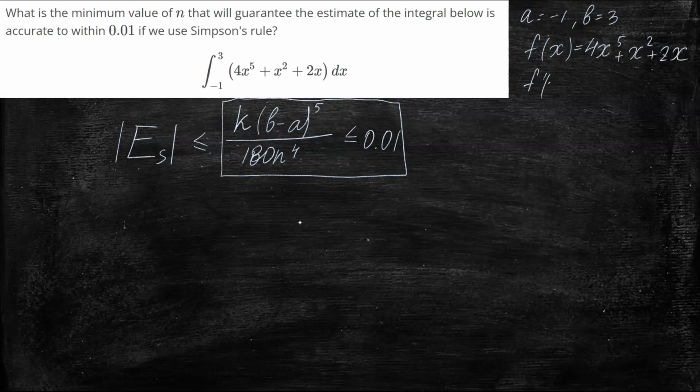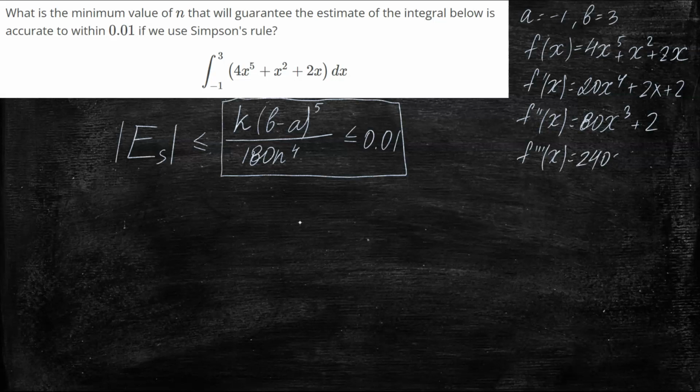So the first derivative is 20x to the fourth. The second derivative is 80x cubed. The third derivative is 240x squared, and the fourth derivative is 480x.